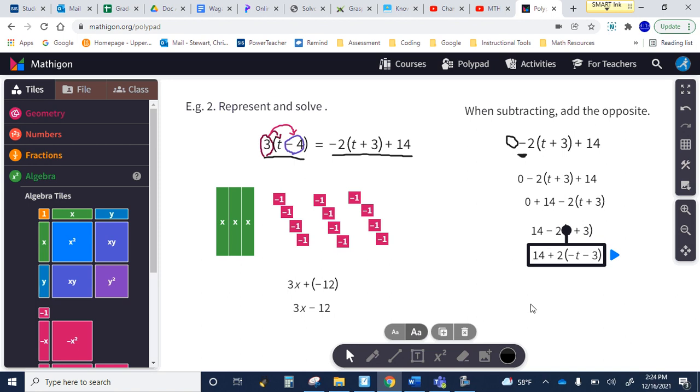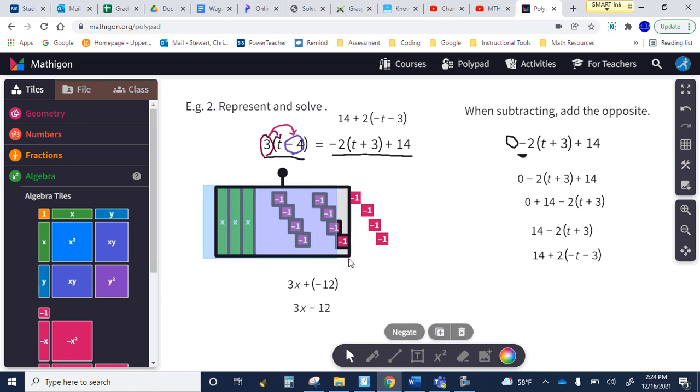So after all of that is said and done, this newfound expression, which was just a transformation of the original, is what the right-hand side is equal to. And all that's being done to help better support our use of building an expression with the tiles.